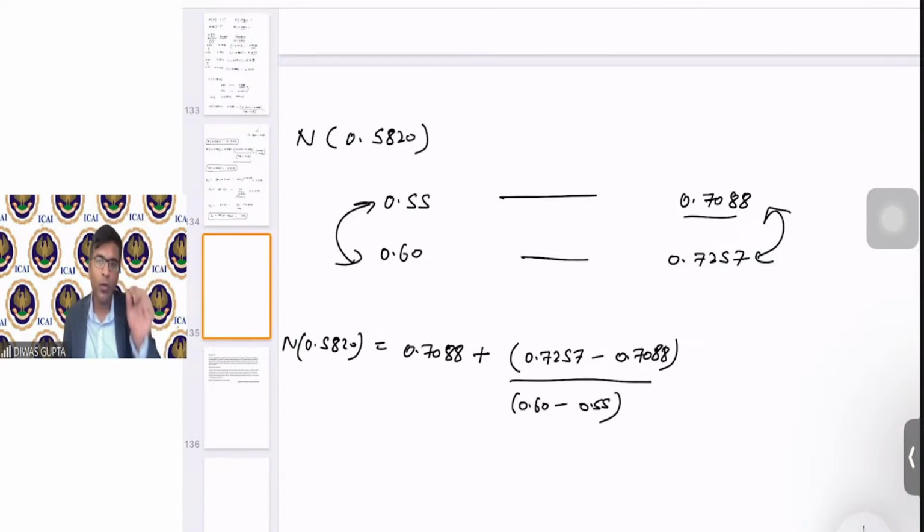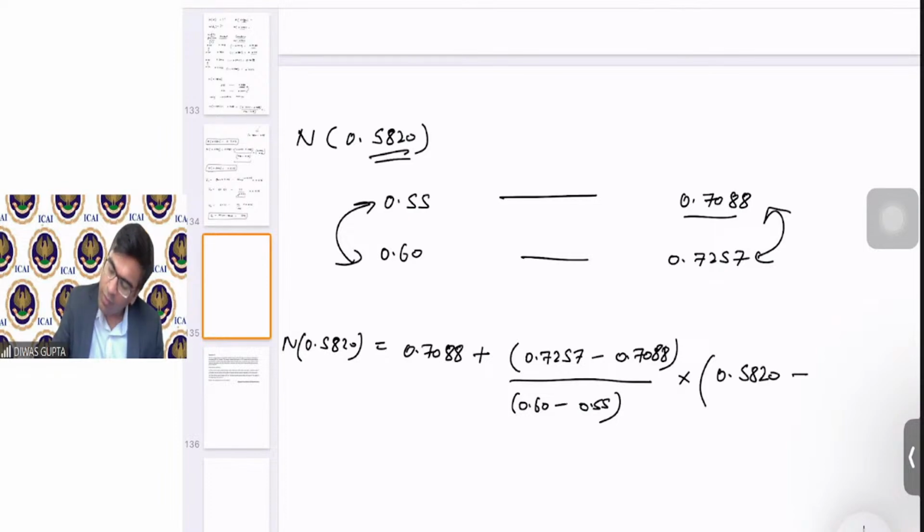So for every 0.05, the numerator, what we have mentioned, will move, multiplied by what is our target? Our target is to reach 0.5820 minus where we started with this value, which is 0.55. So if you solve this, then it is coming as 0.7197.